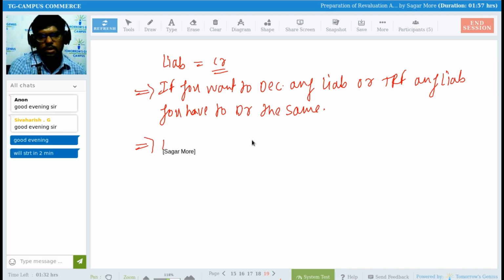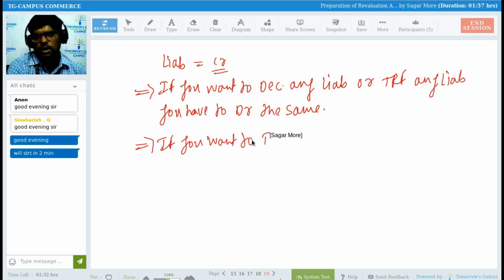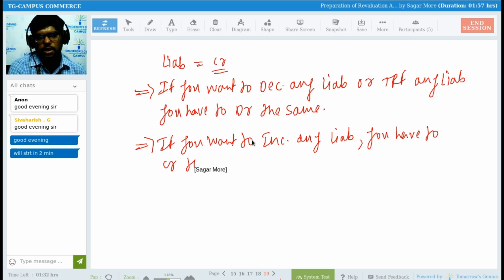And if you want to increase any liability, you have to credit the same. Simple rule.